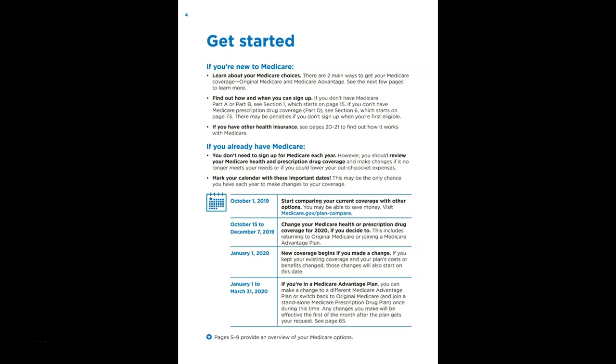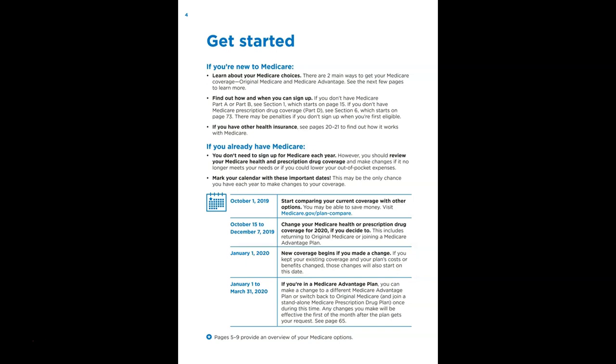When we look at enrollment periods, there's a couple different times of the year that you can enroll. October 1st is what we call pre-enrollment. Between October 1st and October 14th, we know what kind of prices and plans are going to be available in any specific given area.